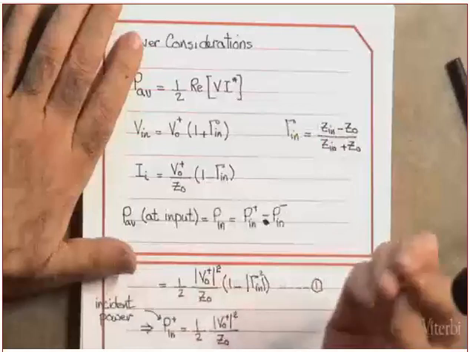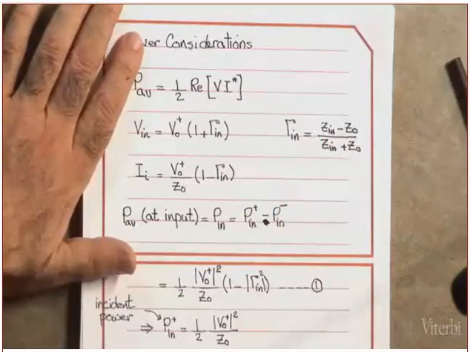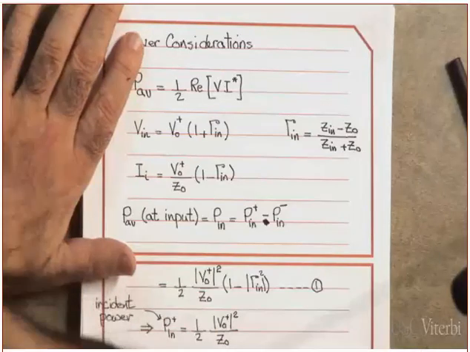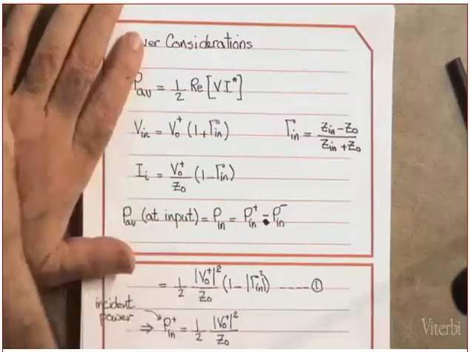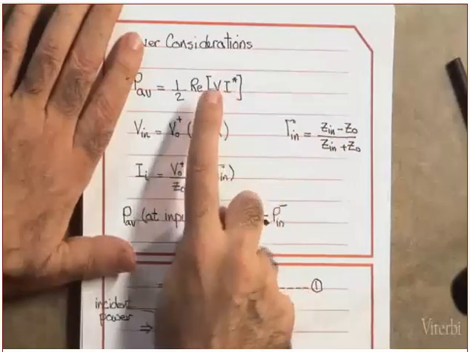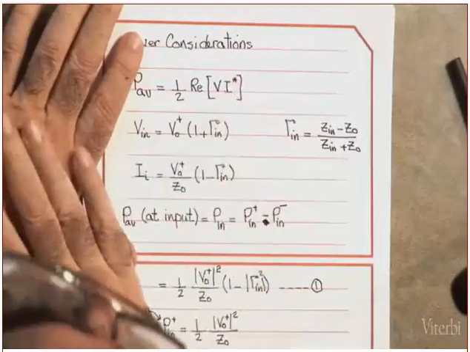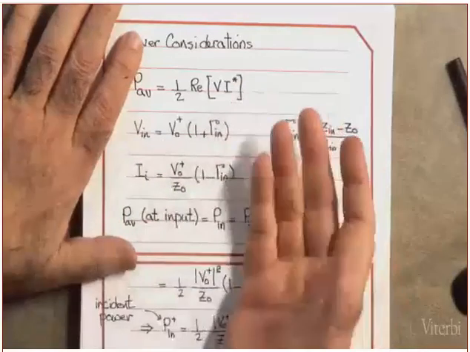Why? When Ohm's law told us that the power equals the voltage times the current, he was talking about real loads, real resistances. You follow me or not? When you deal with complex stuff, you need to modify it. It will become V I conjugate. Clear?